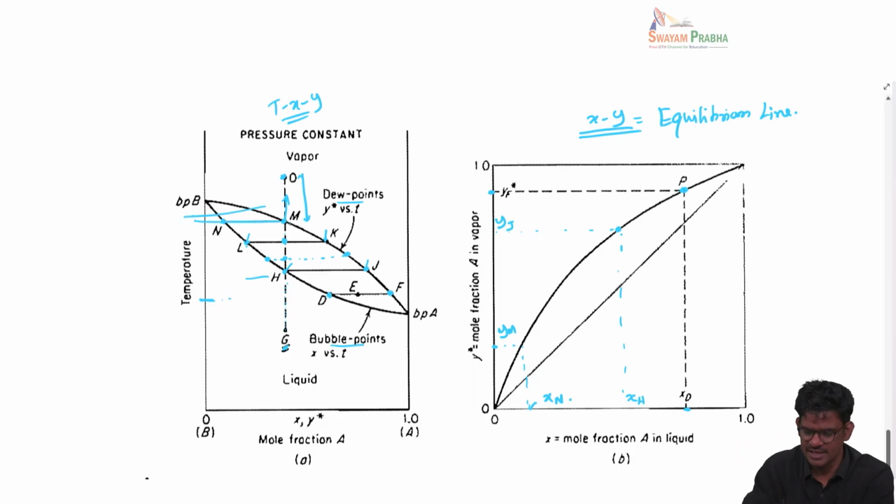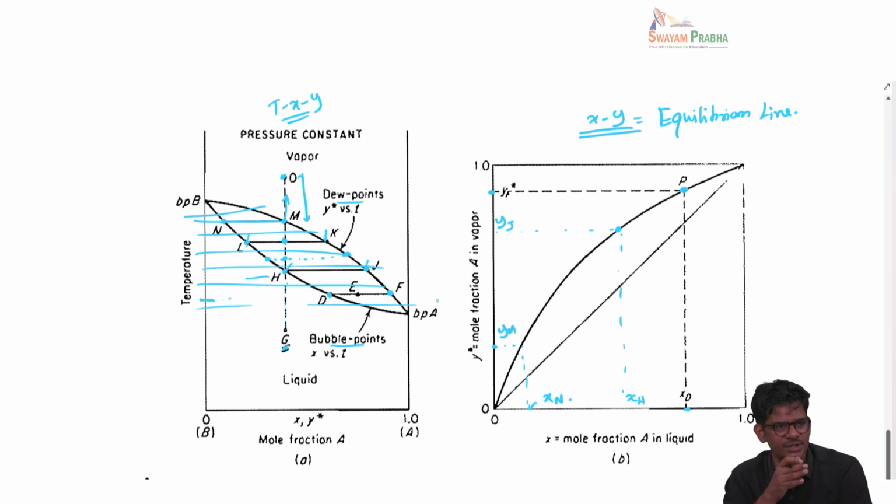Each of these lines is horizontal, right? I can choose a range of temperatures, and each temperature will give me a tie line. I look at the composition at the bubble curve and the dew point curve. Those are the pair of xy values, and those xy values I can plot here. Here I have y, here I have x.